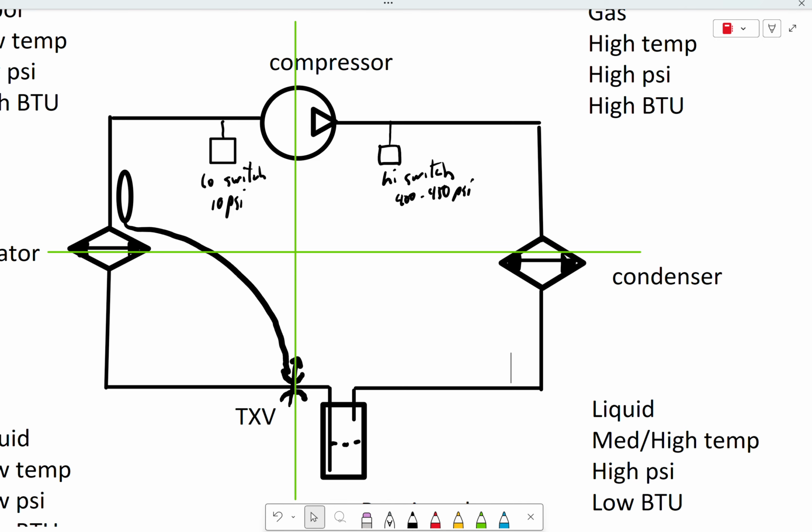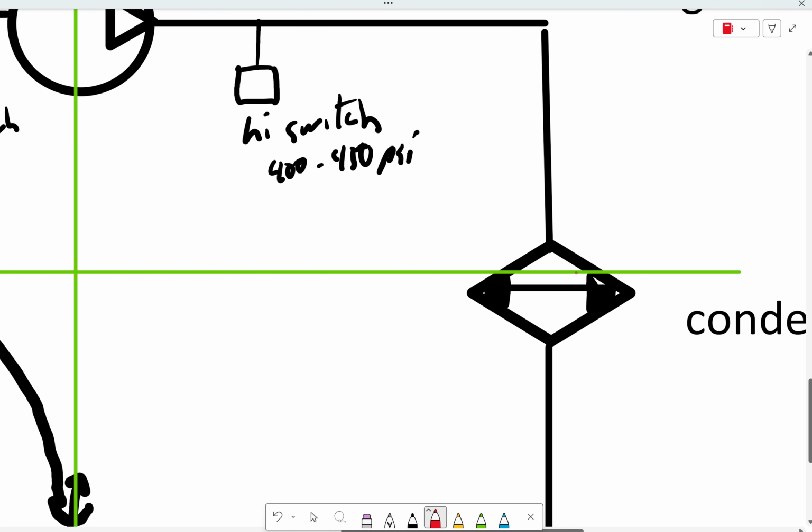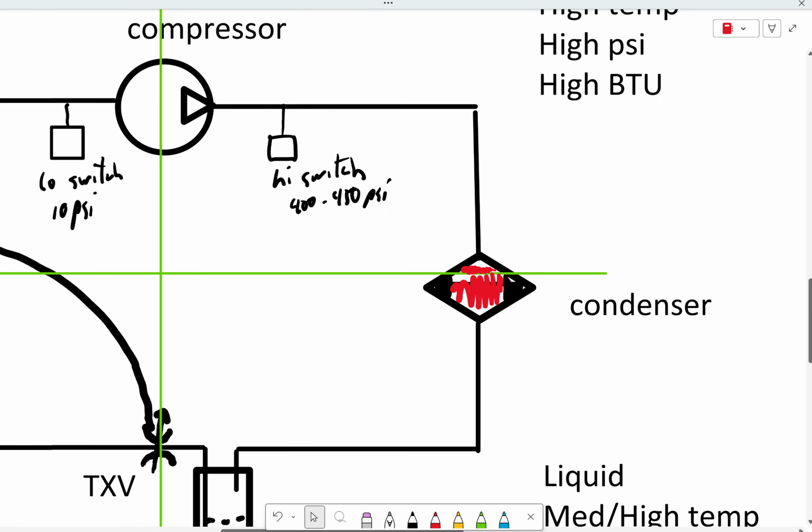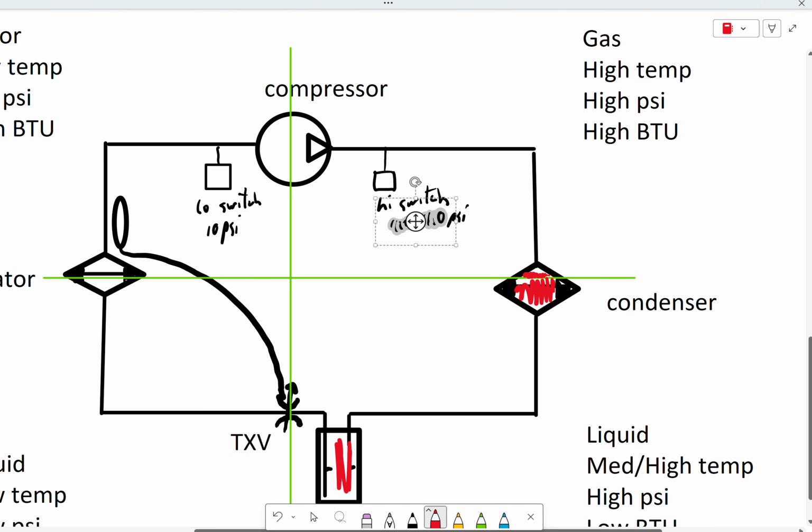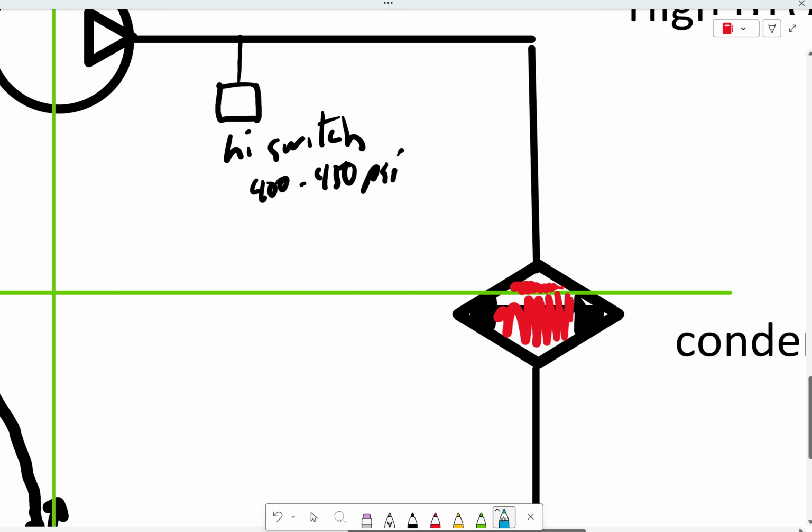So if you do somehow accidentally manage to get too much refrigerant in the system, what happens to the amount of liquid? Well, the amount of liquid starts to fill up your condenser. Okay, so now I've got liquid in my condenser, liquid in my receiver dryer, and I'm backing up liquid all the way through the system to the point where I've only got a tiny little bit of that condenser left to actually be a condenser.